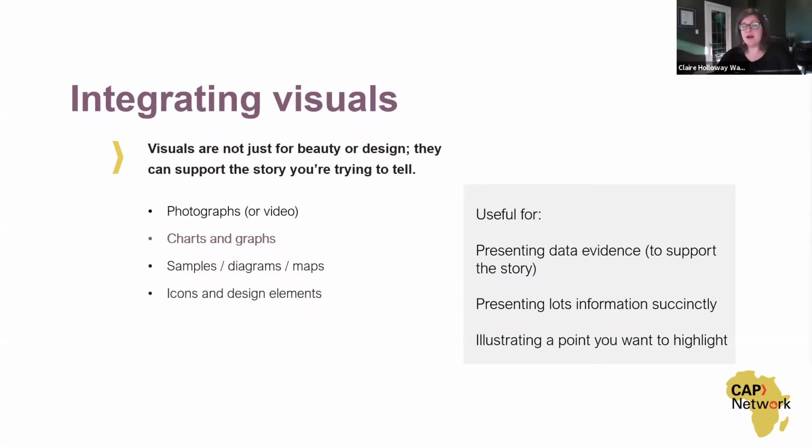Okay. They are very helpful for presenting lots of data or interrelated data in an easy, short way that might take pages and pages of explanation. But if you can get a visual done well, you can contain a lot of information in a short amount of space.